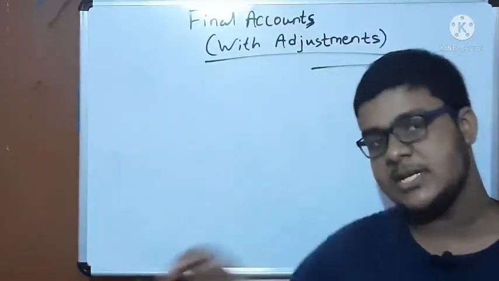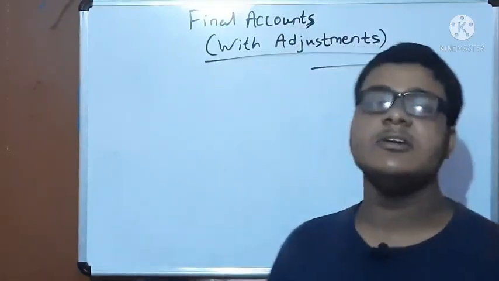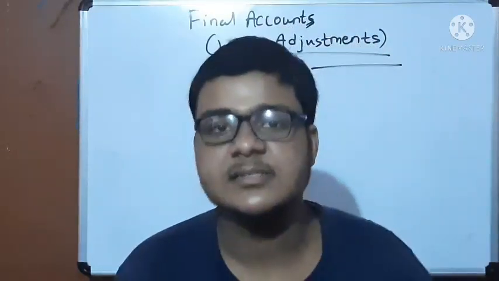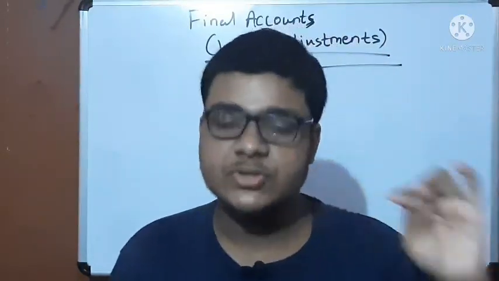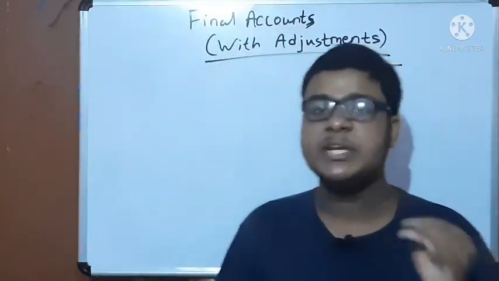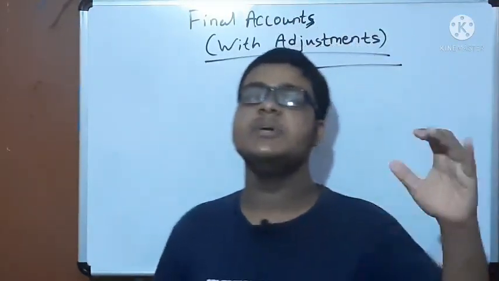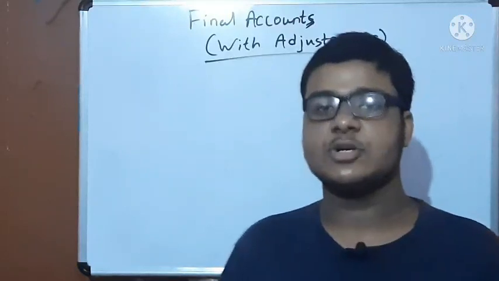The transactions which are recorded outside the trial balance are called adjustments. So the meaning of adjustment is: those transactions which are written below or outside the trial balance are called adjustments.